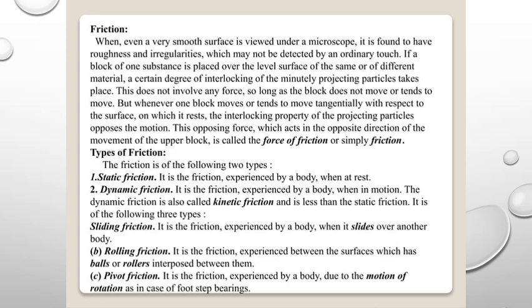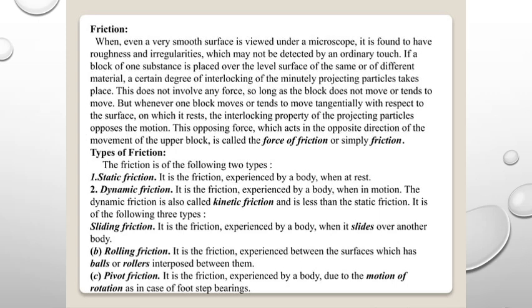By the position, like interlocking, the properties of projecting particles oppose the motion. This opposing force, which acts in the direction opposite to the movement, is known as the force of friction.